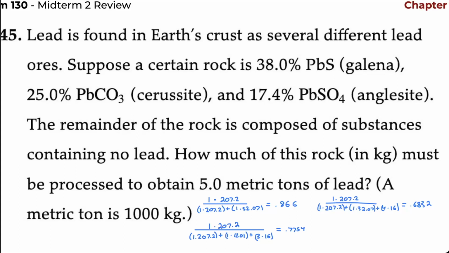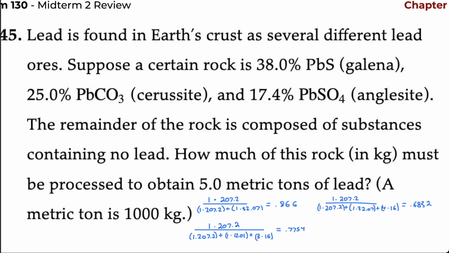Actually, if we take these percentages and multiply them by 100, we can get how much lead is in 100 grams of each. That's going to give us better numbers to work with. So let's move the decimal place down for all of these. As long as we do it for all of them, the ratios should stay the same.